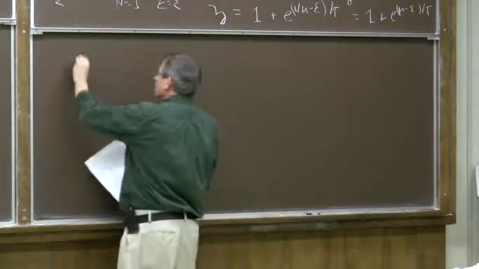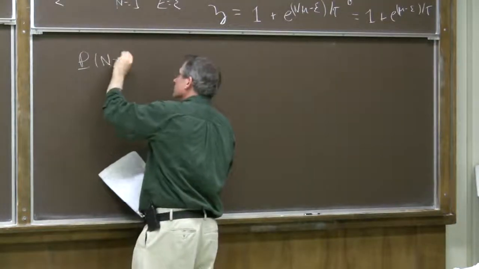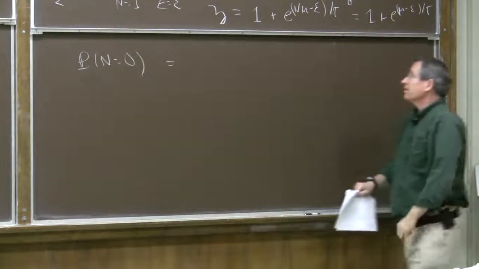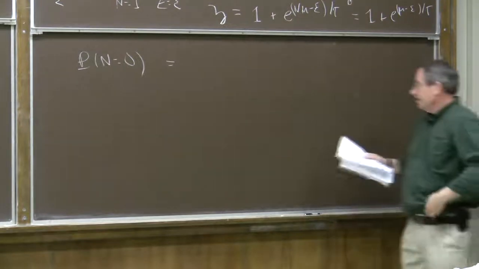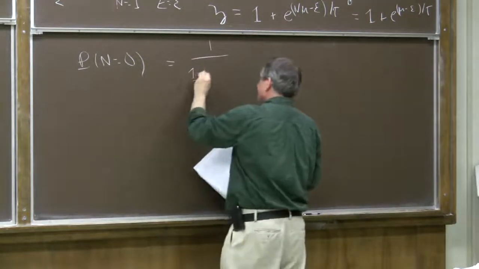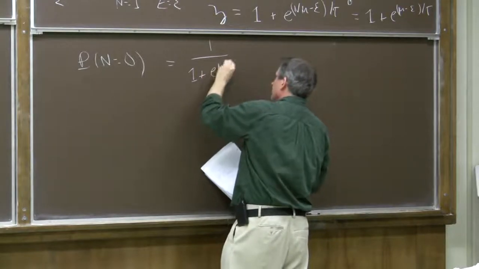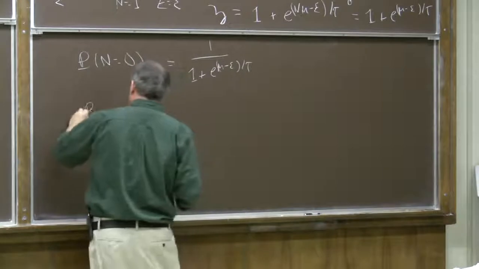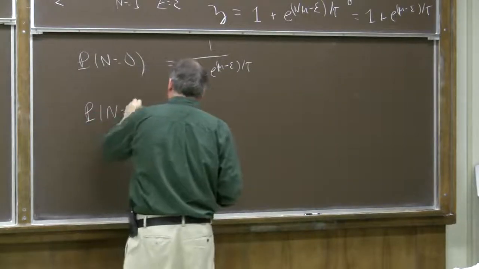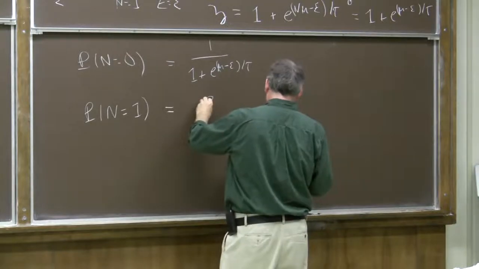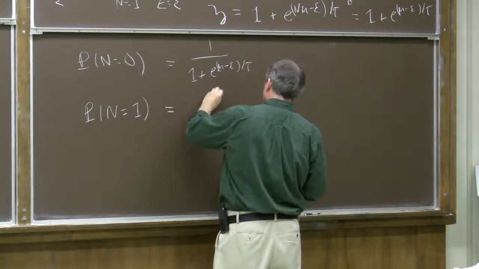So the probability of being empty is the Gibbs factor, which when n equals 0 and e equals 0 is just 1, divided by the Gibbs sum. And the probability of being occupied, the occupation number being 1, is the Gibbs factor times 1 over the Gibbs sum.